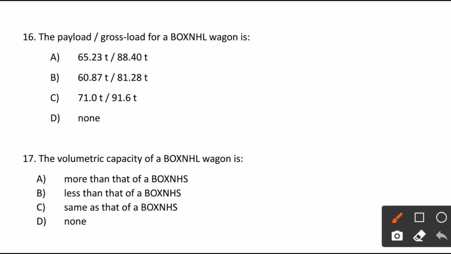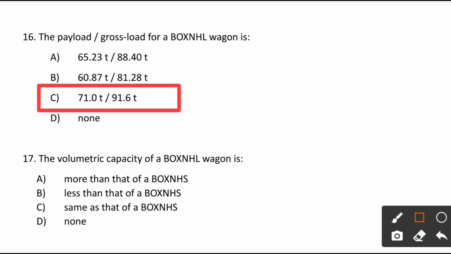The payload and gross load for BOX NHL wagon is A. 65.23 T, 88.40 T, B. 60.87 T, 81.28 T, C. 71.0 T, 91.6 T, D. None. In this question, the correct answer is C.